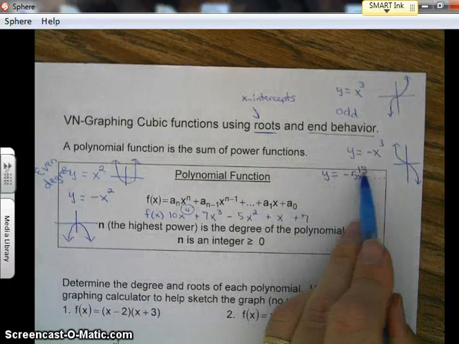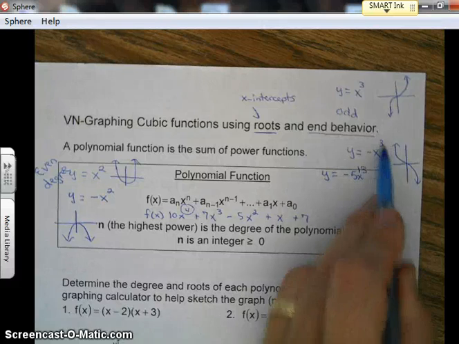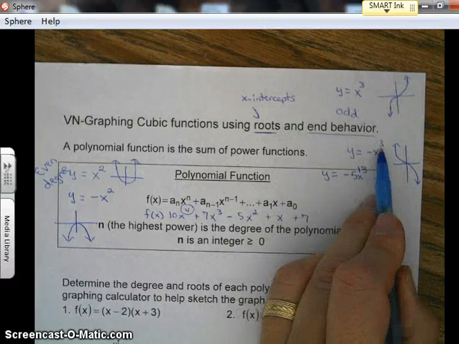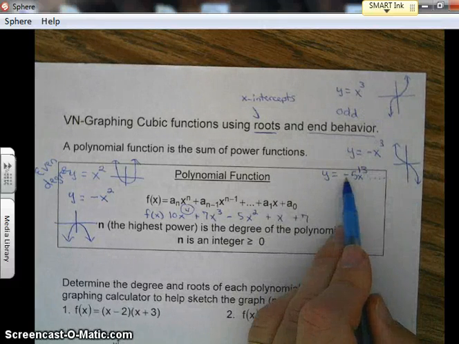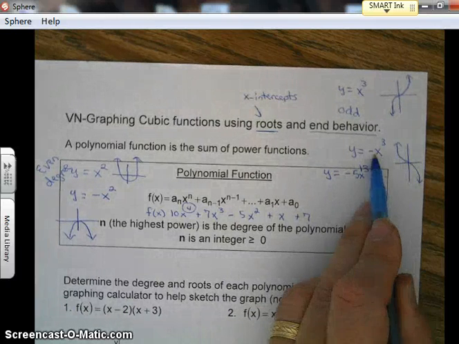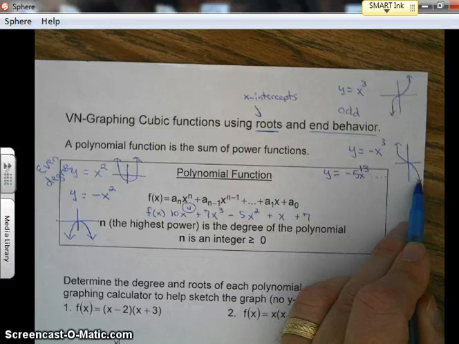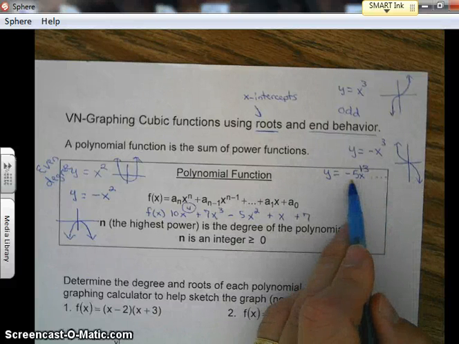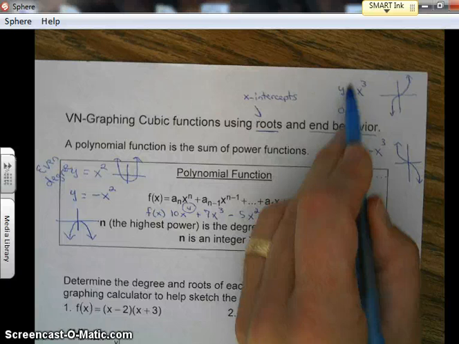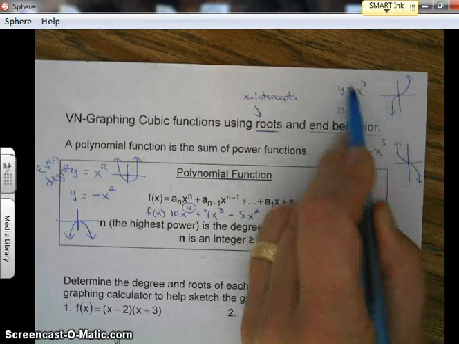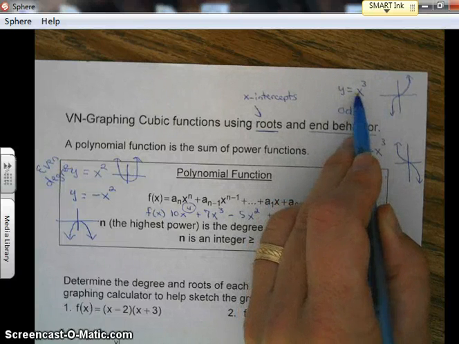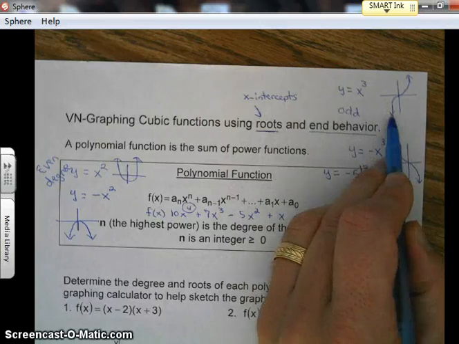So 13 is an odd number, so it's going to resemble one of these. Notice it's negative on the front, so it's going to resemble this: up on the left, down on the right. If it was positive, then it would resemble this positive coefficient behavior, so that would be down on the left, up on the right.